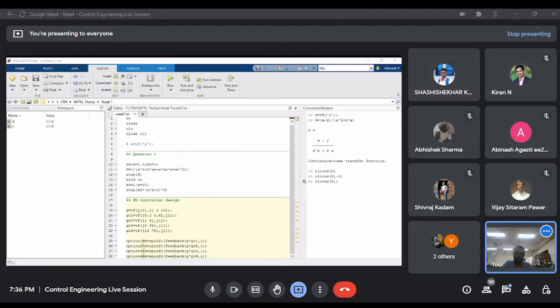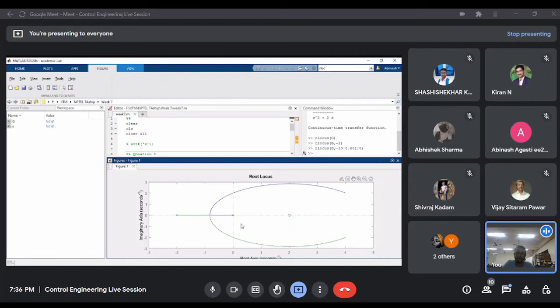Yes, sir. Okay, so now we want to plot for some gain value, let's say 10 to 0. So if I plot that, you can see, okay. So here what is happening?